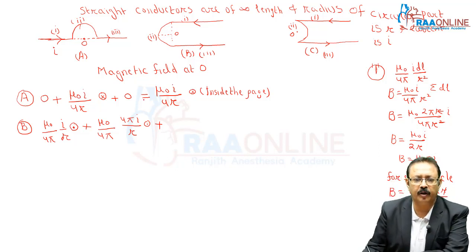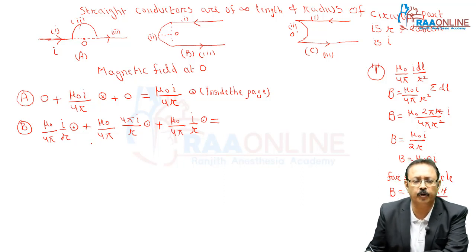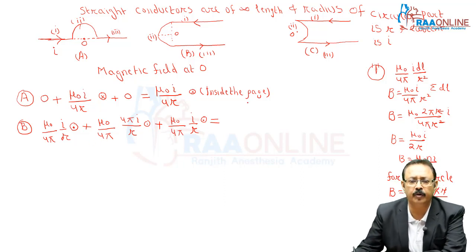So same, mu naught upon 4 pi I by R. All are in the same direction, so if we want vector addition, we can simply add. The denominator is 4 pi R. Take mu naught upon 4 pi R common.